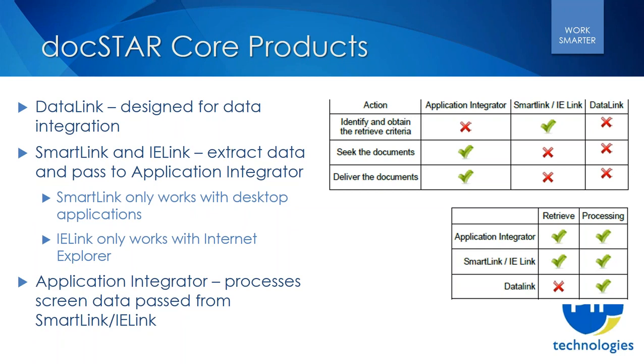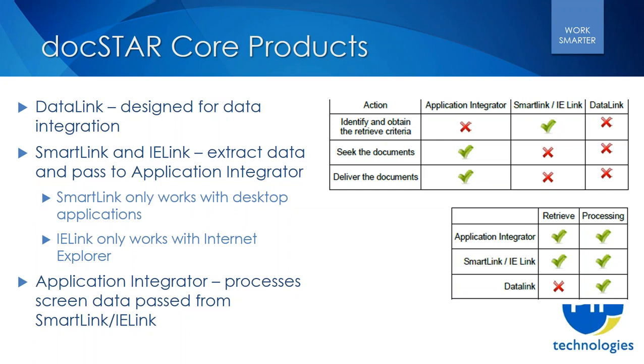It allows you to extract data from the Windows or text-based interface, desktop applications, and it will extract data and pass it to Application Integrator. So Smartlink and IE-Link are data extraction utilities. By the labeling, IE-Link is Internet Explorer, so for those wanting to do browser integration with Internet Explorer, you would use the IE-Link function.